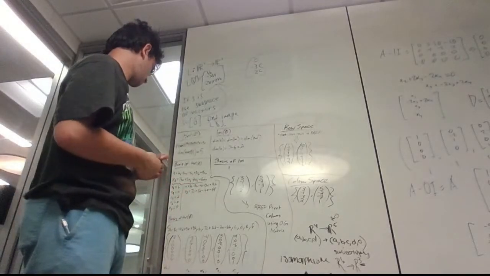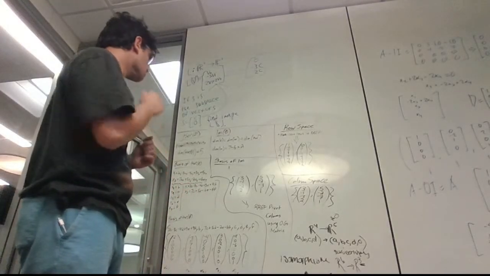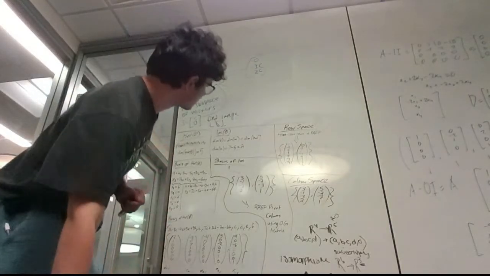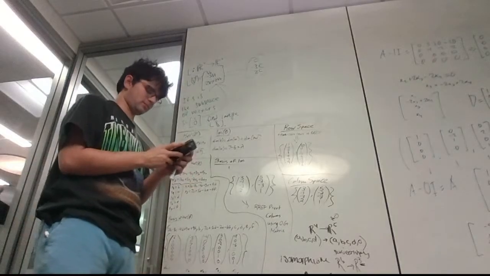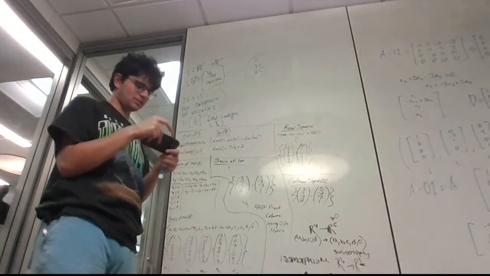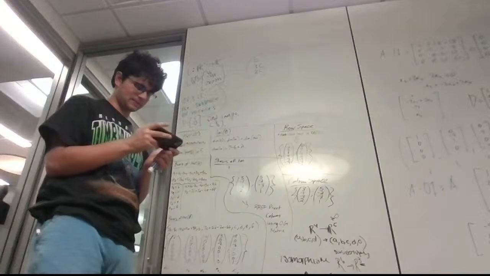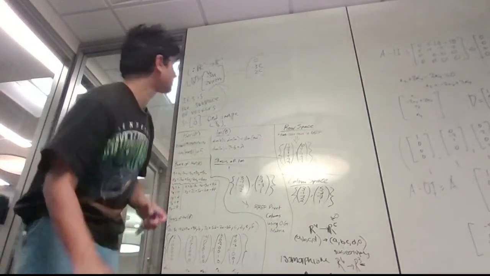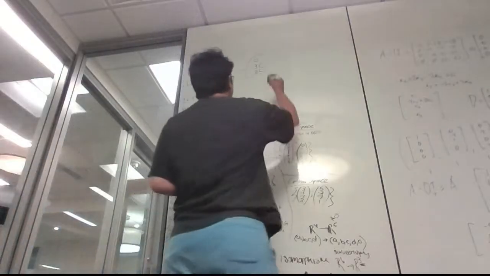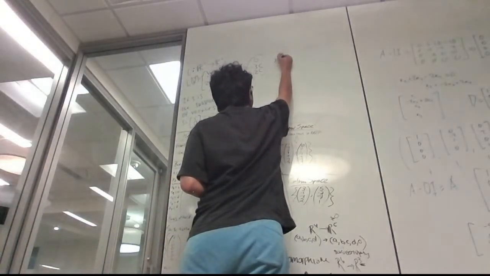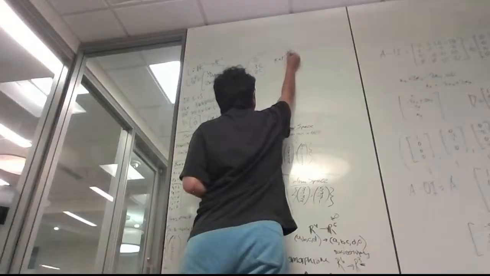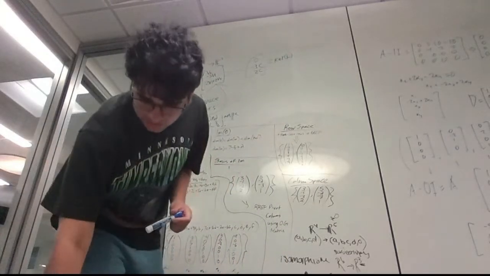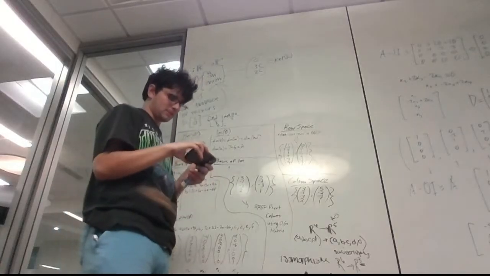Now we need to find the image, which I kind of need to set it equal to 0, right? Is that the next step? Oh wait, no, that's the kernel. So kernel of L equals this. Kernel's pretty easy to find actually.